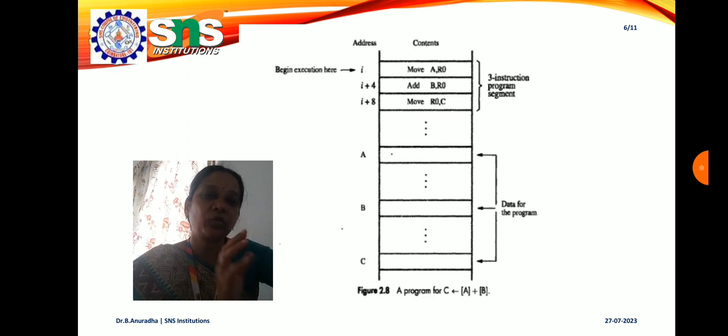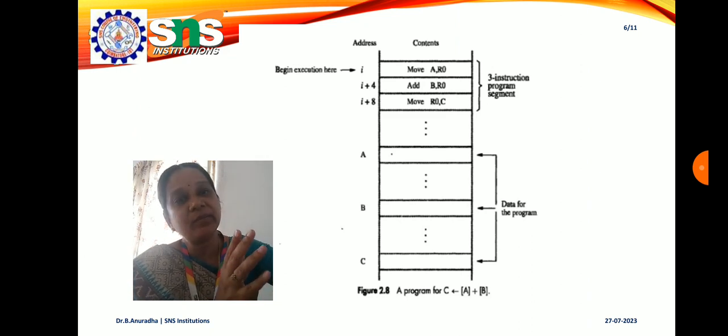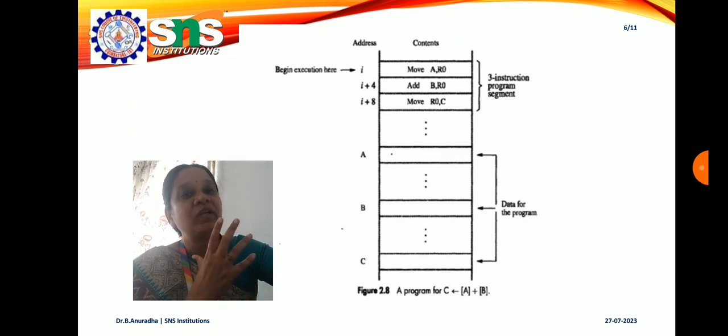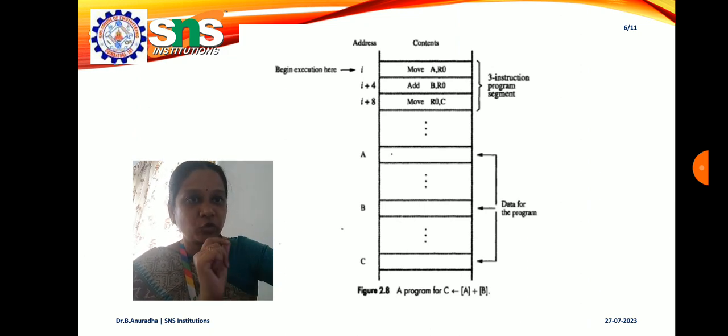So here the program is meant for adding the operands A and B and storing the result in C. The processor has to fetch the data from location A as well as B, and then perform an add operation. The first instruction tells the processor to move the content present in location A to R0.